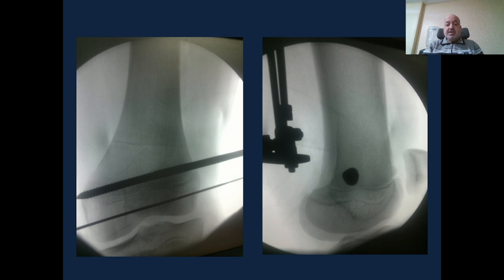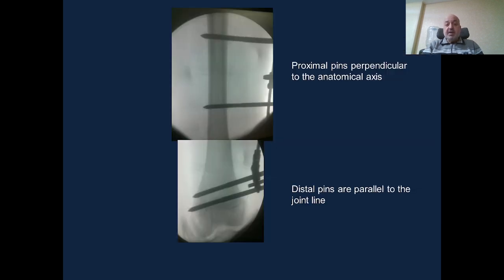Then we insert our first pin, which is metaphyseal, just proximal to the physis to avoid physeal injury. In this case, we insert this pin slightly posterior so that the next pin will be slightly anterior. So we have triangulation of the pins to increase stiffness and stability of our frame using the least number of pins. Remember always that in the femur, we insert the distal pins parallel to the joint orientation line.